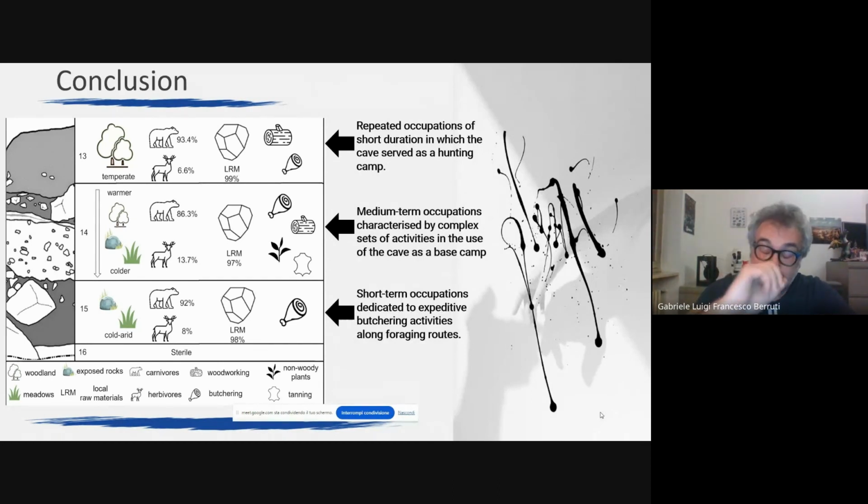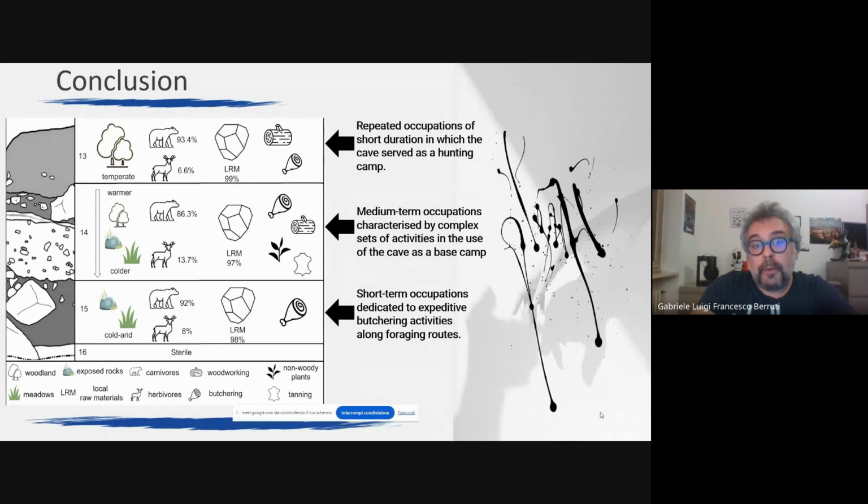The lithic industry was made at 99% in local raw material, and we have traces linked to woodworking and butchering, and also a singular trace linked to hunting.